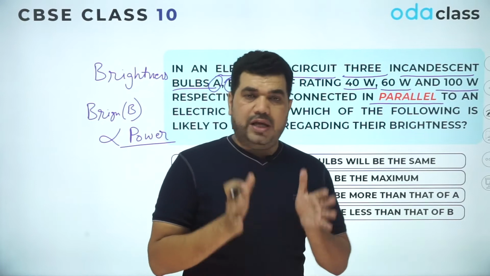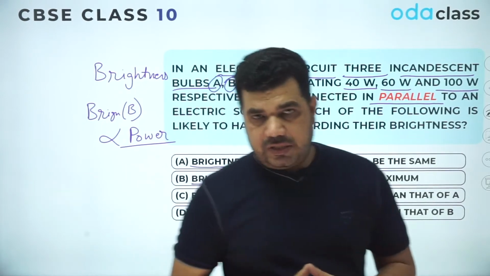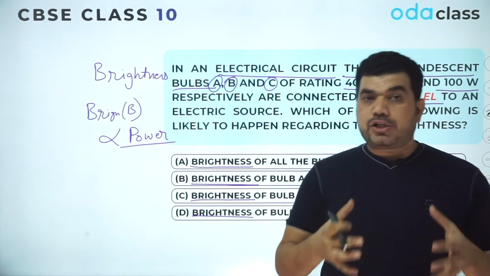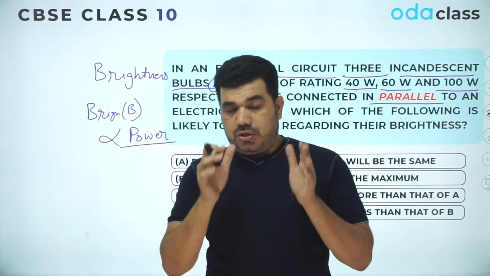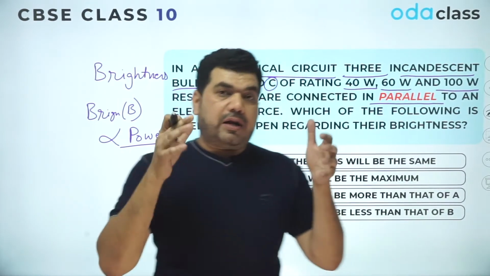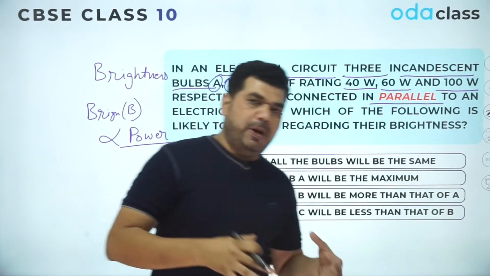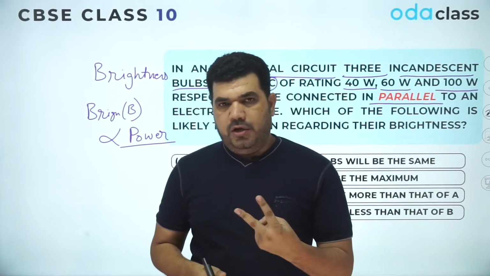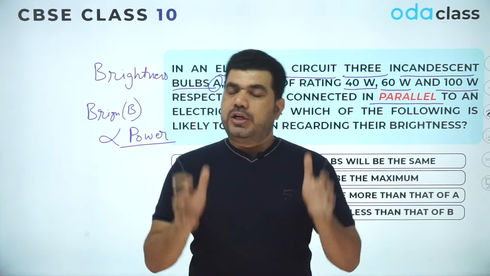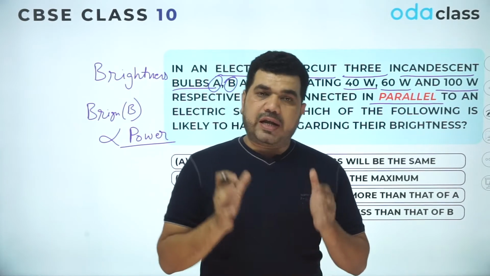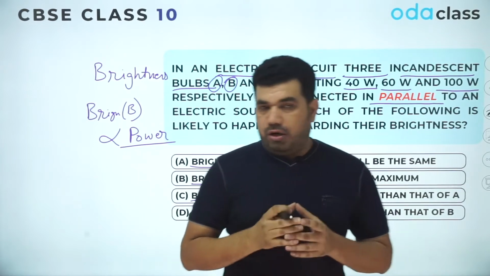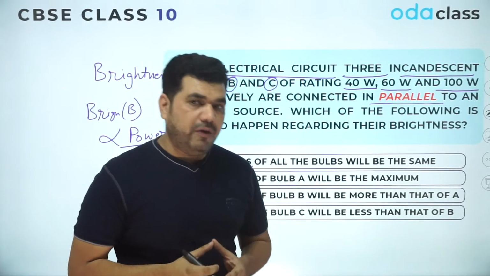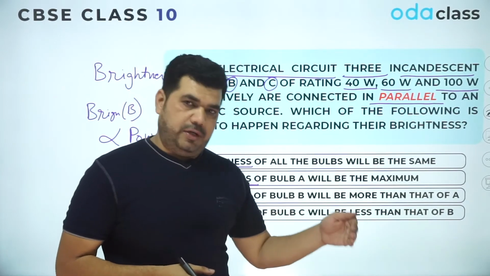Now to check the brightness, you have to check the actual power, not the rated power. Just concentrate here that rated power and actual power are two different things. When we get the rated voltage, then only we will get the rated power. But if we do not get the rated voltage, then obviously we will not get the rated power, and the actual power is different.